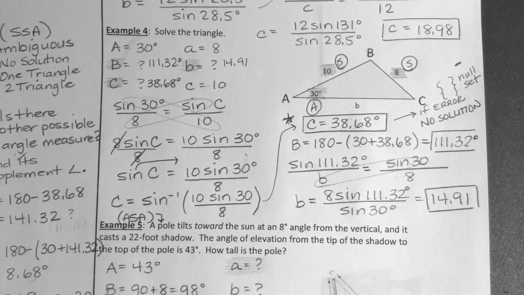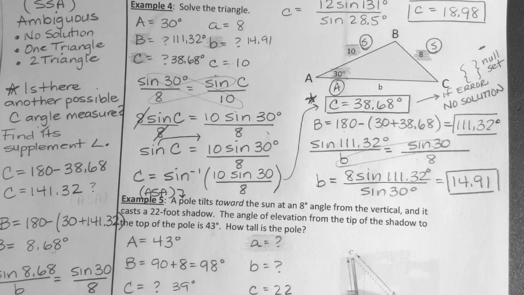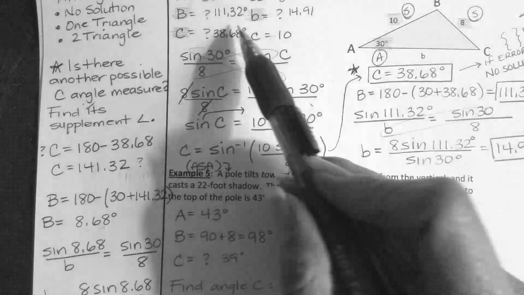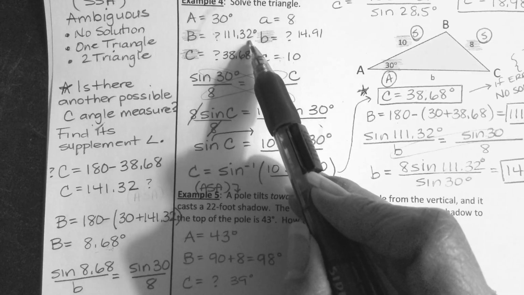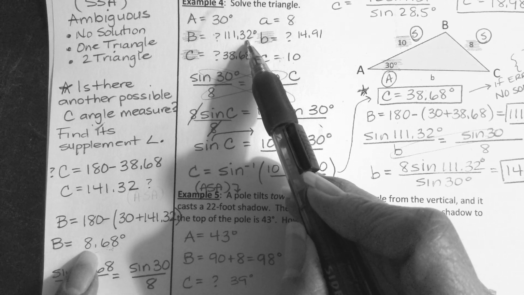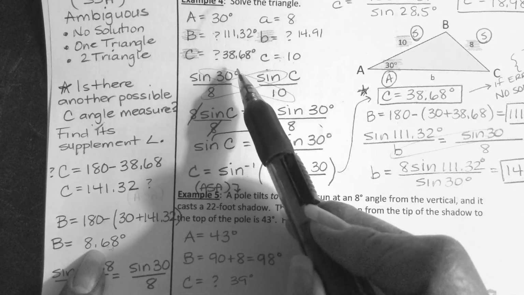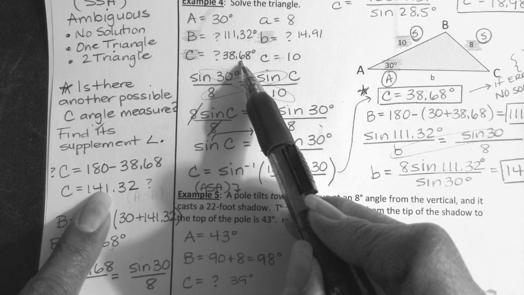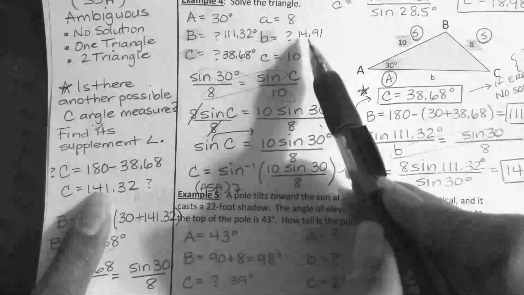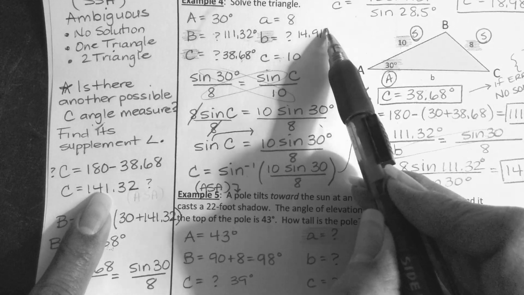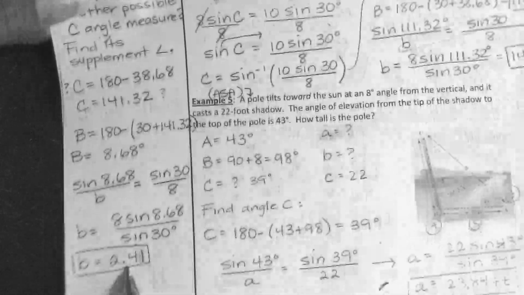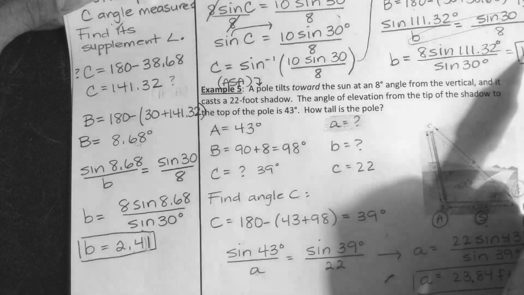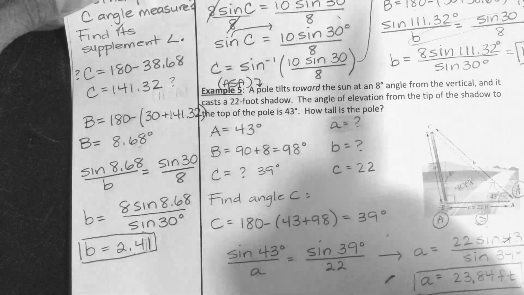But then they're coming along and saying, hey, you actually have another possibility. Instead of 111.32, your B can possibly be 8.68. Instead of 38.68, your C value can be 141.32. Instead of 14.91 for lowercase b, it can possibly be 2.41. So those are your two triangles for example 4.